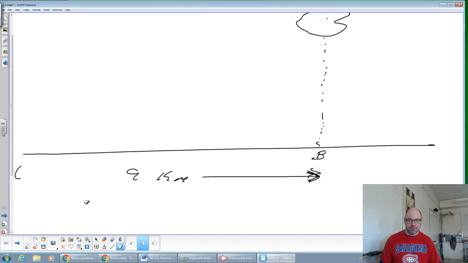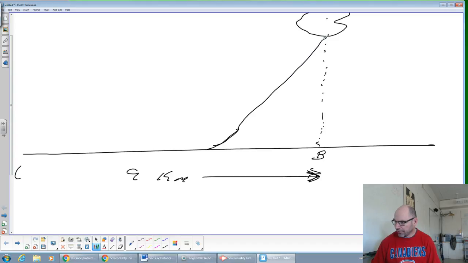So it says she lives 9 kilometers down from point B, down the beach. She takes a taxi at a cost of $2 per kilometer along the beach. So along the beach here, it's $2 per kilometer. At some point, she's going to have to leave and go there. So that point here.